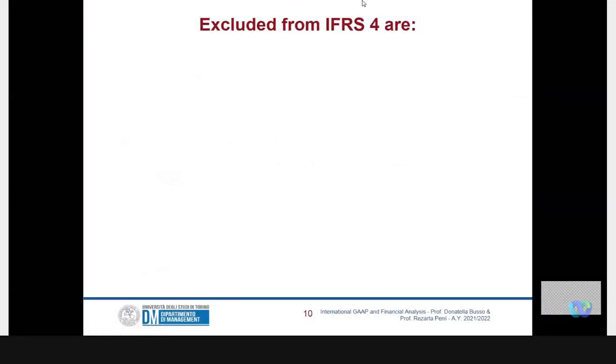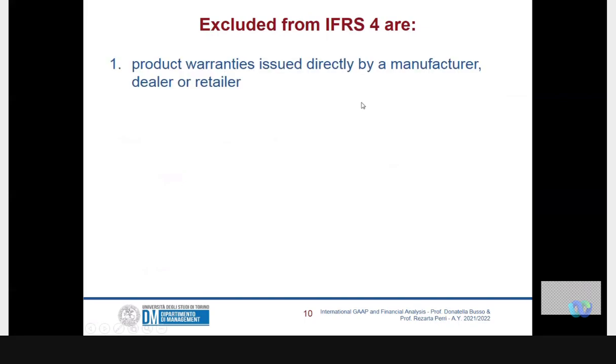Okay, excluded specifically from IFRS 4 are, first, product warranties issued directly by a manufacturer, dealer, or retailer. Now, if this was not an exclusion, someone may think that if we have product warranties, that is an insurance contract, right? Product warranties relate to a future event for which we don't know if it will happen, the time when it will probably happen, and the amount.